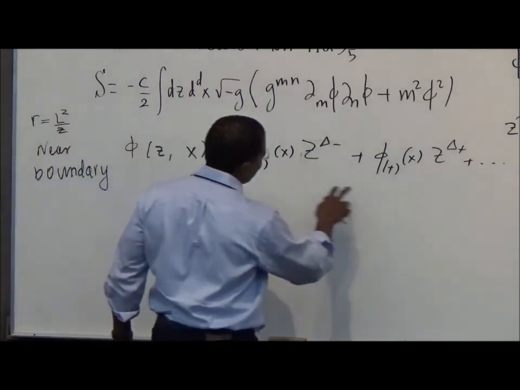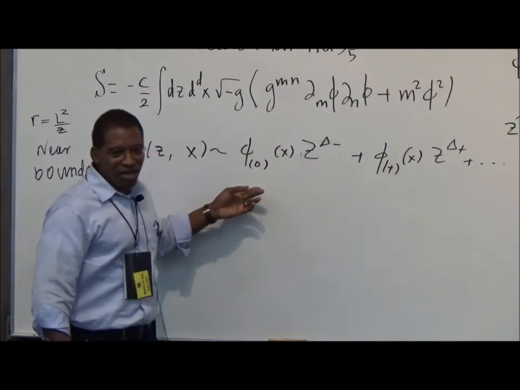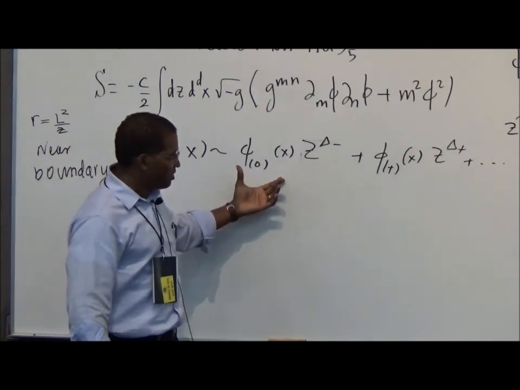So if you grant me that, then what I would like to say is that these fields carry some important meaning. In field theory, the fields live only on x; they depend only on x. They depend on z like this, but they have.